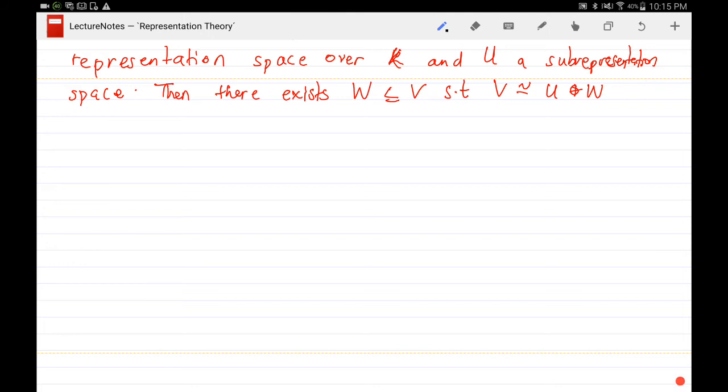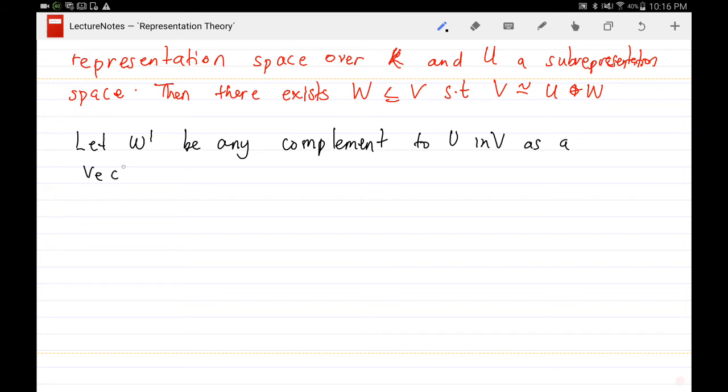So let's proceed this way. Let W prime be any complement to U in V as a vector space. Okay, the complement need not be a representation, but we can certainly do that.